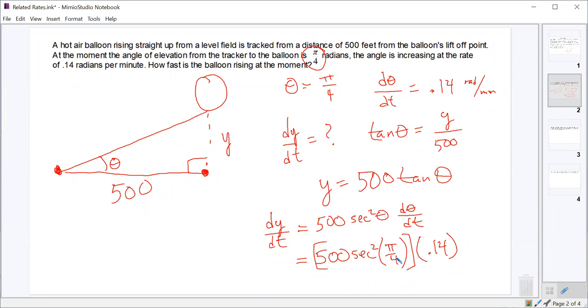What's the secant of pi over 4? Two over root 2. 2 over root 2, which is the same as just root 2, right?